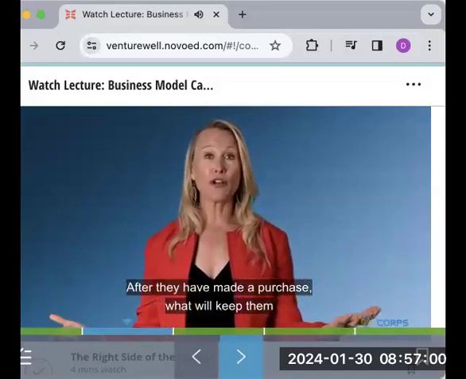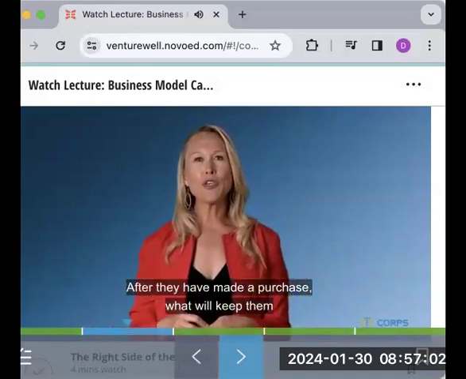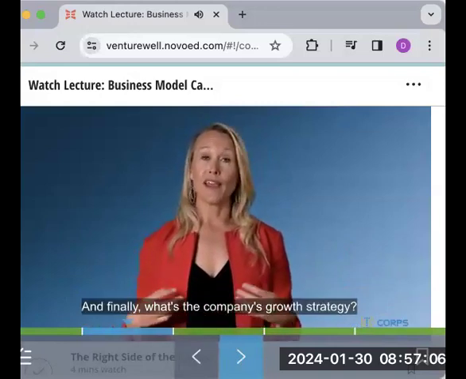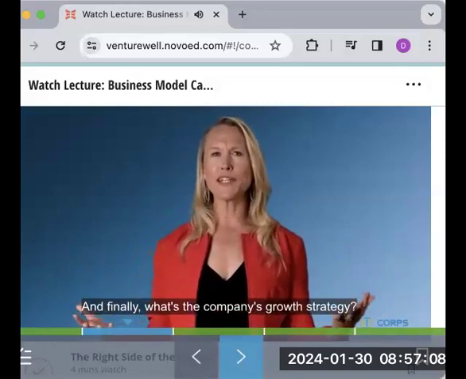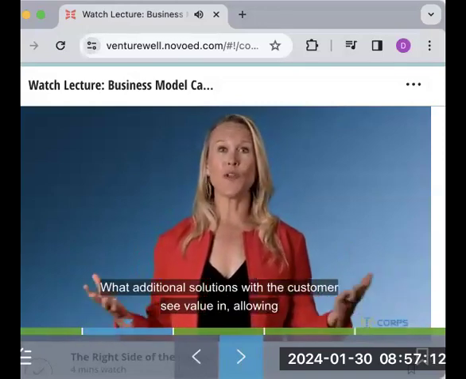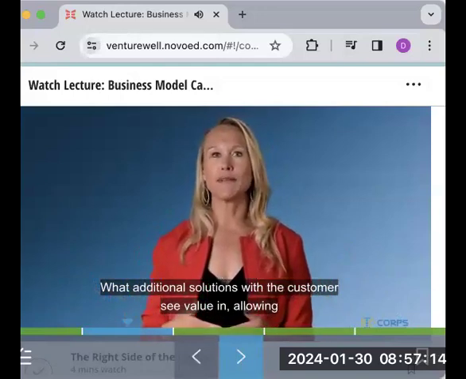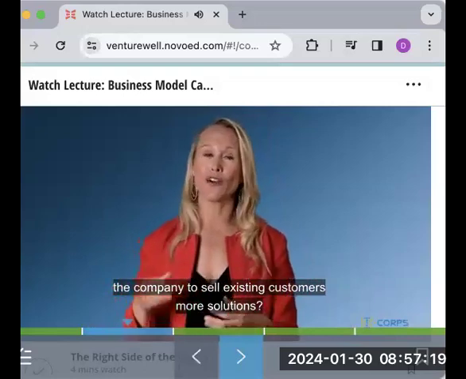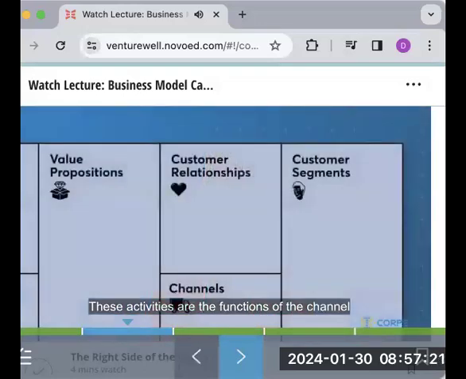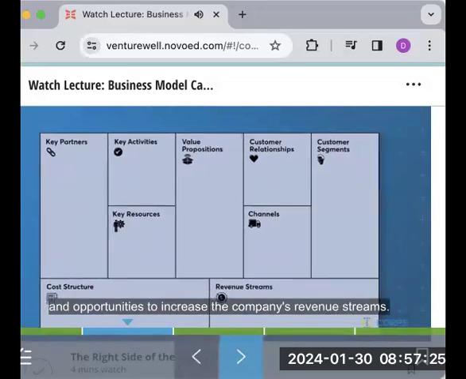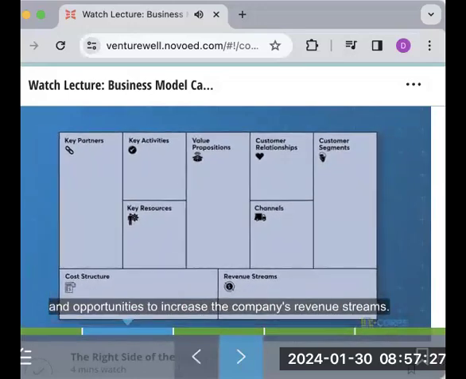After they have made a purchase, what will keep them using the product for an extended period of time? And finally, what's the company's growth strategy? What additional solutions would the customer see value in, allowing the company to sell existing customers more solutions? These activities are the functions of the channel and opportunities to increase the company's revenue streams.